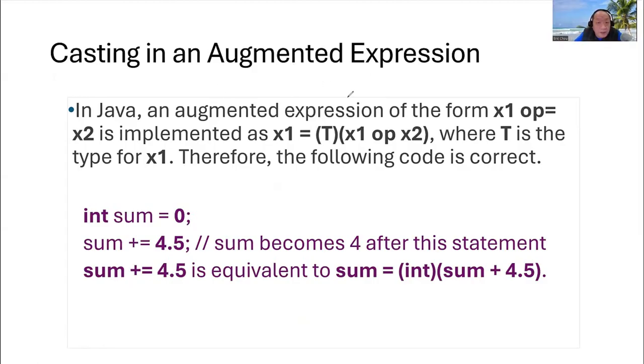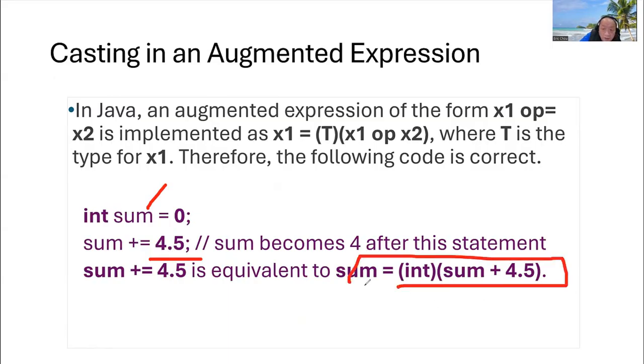And augmented expression. Here you have your integer sum. Can you do sum plus equal 4.5? Yes, this one, yes. This one you don't lose bits, but it will do the sum and then truncate it.